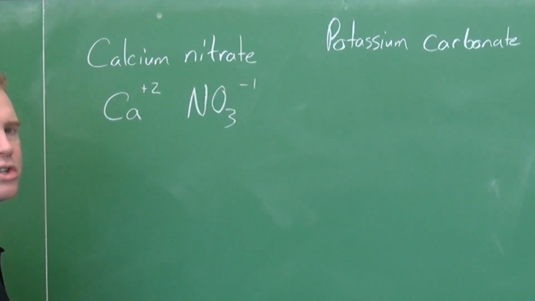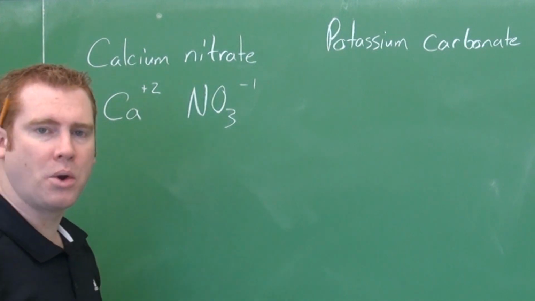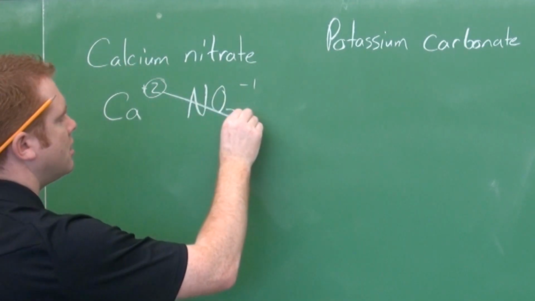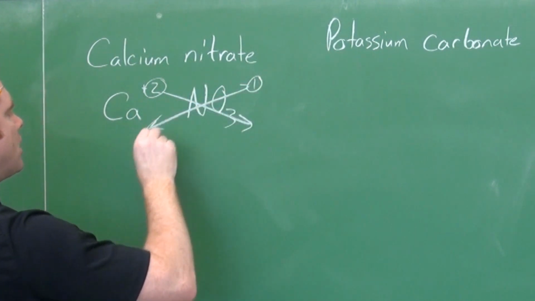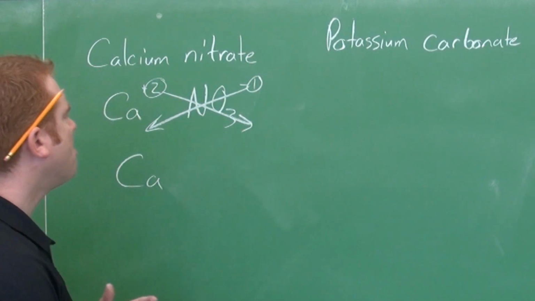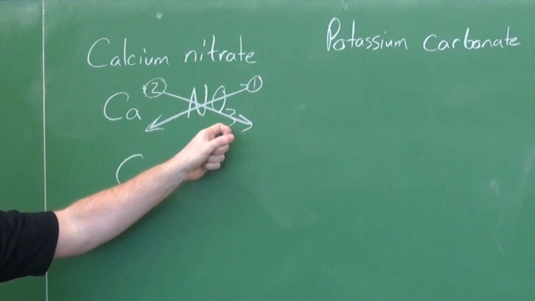And this -1 charge is for the entire group, for the whole NO3. Now what would I normally do? Well, I normally crisscross. In fact, we do the exact same thing. The 2 comes down, the 1 comes down. So Ca, that's no big deal. But this is where sometimes students will get confused because they'll say the 2's coming down, but they already have a number right there.